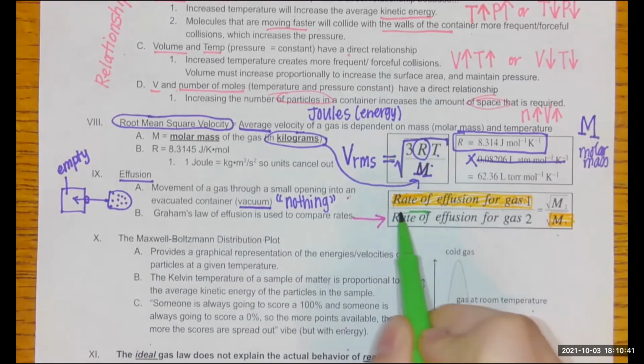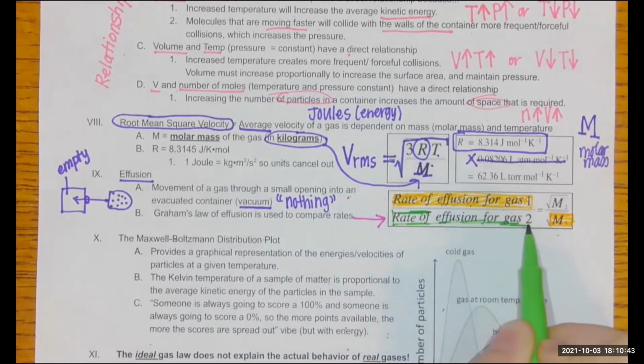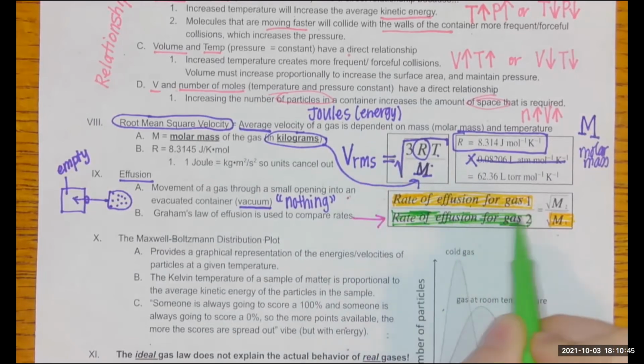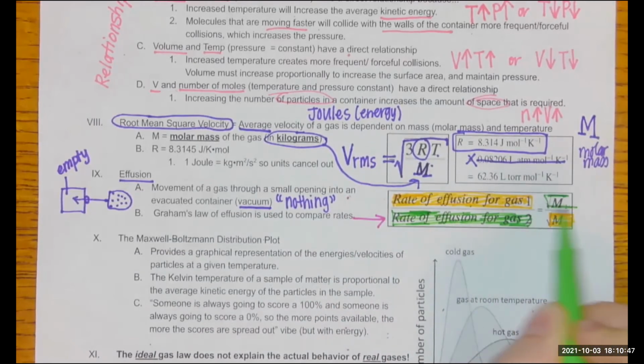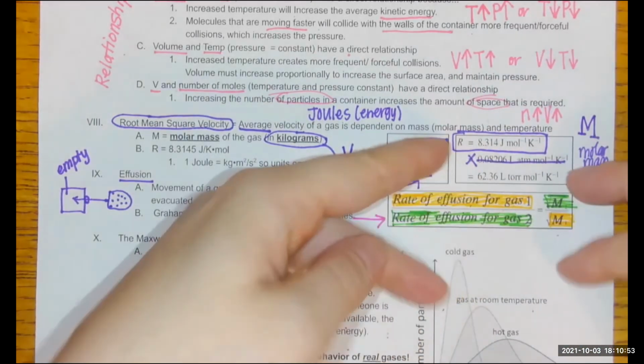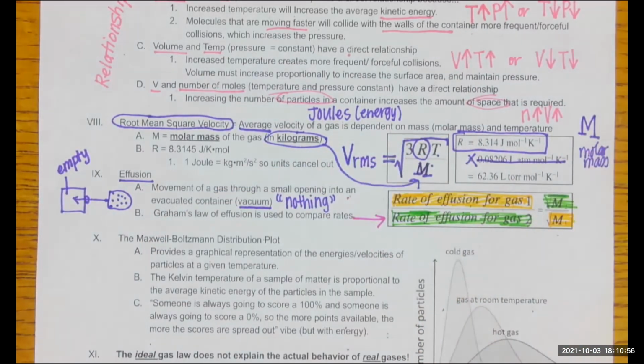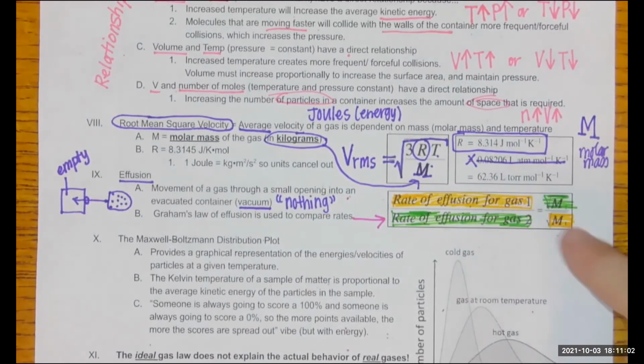The rate of gas 2 corresponds with this one up here. The whole box is the formula, but we've got to have it flipped. And sometimes with my dyslexia and stuff, it confuses me. But really, it's just this idea of cross multiplying that makes it work.